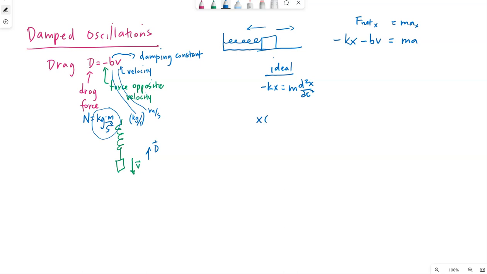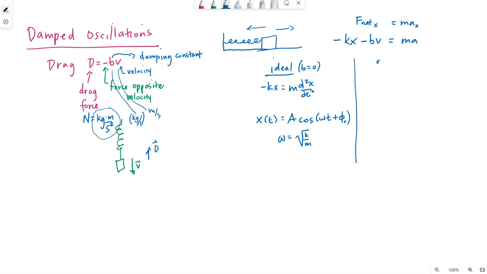And this is where our generic equation came from for the ideal situation. I guess I need to account for that initial phase shift. And we also found that omega is equal to the square root of k over m. So k is the spring constant and m the mass. Ideal, no damping, we're saying that the damping constant is 0.